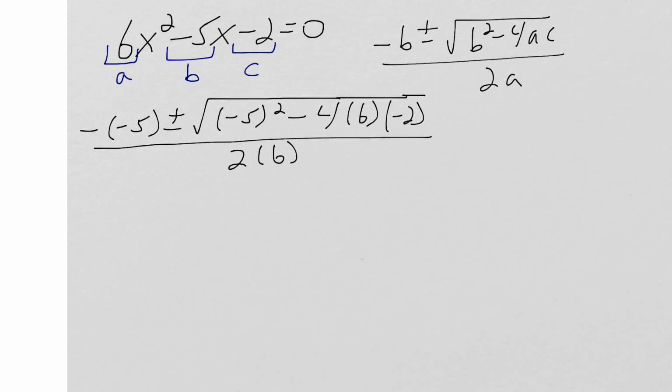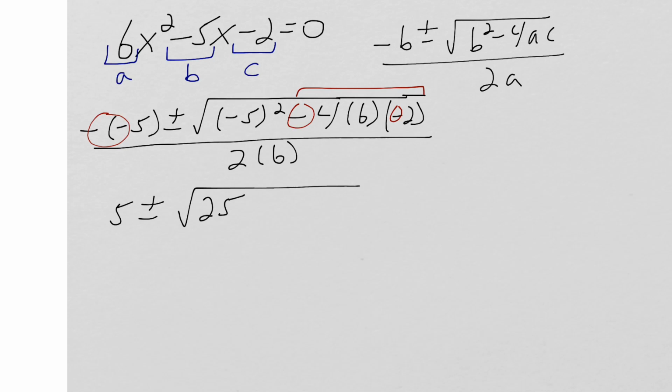So we've got a lot of stuff in there, but now we just start doing some cleanup. The double negative right here just turns into a positive. So that's just going to equal 5 plus or minus the square root of. The negative 5 squared is negative 5 times negative 5, which gives us a positive 25. But also, when it comes to the rest of this, I'm just multiplying these numbers together, and this negative times this negative combine to give me a positive.